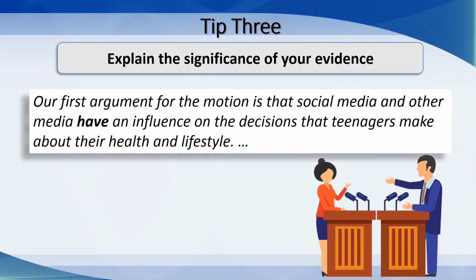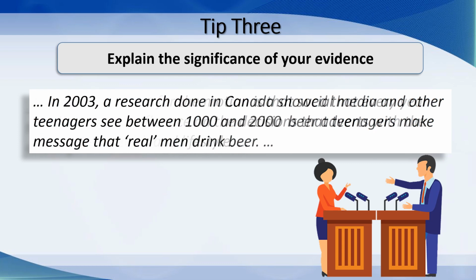Our first argument for the motion is that social media and other media have an influence on the decisions that teenagers make about their health and lifestyle. In 2003, a research done in Canada showed that every year teenagers see between 1,000 and 2,000 beer adverts with the message that real men drink beer.